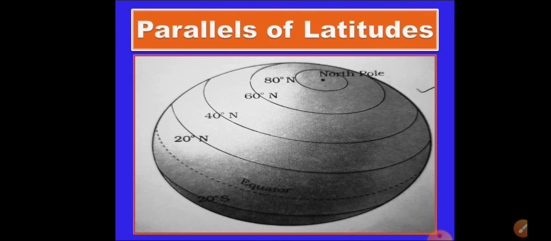In this slide you can see that the Earth is in the geoid shape. It is not completely round like a ball. Here the top point is the North Pole and the bottom point is the South Pole.